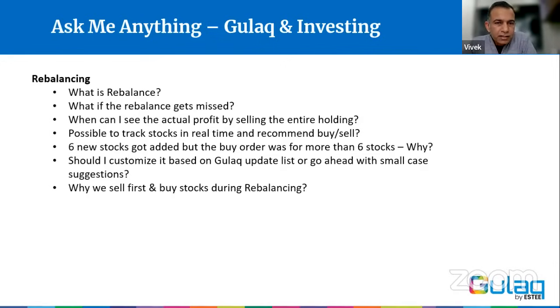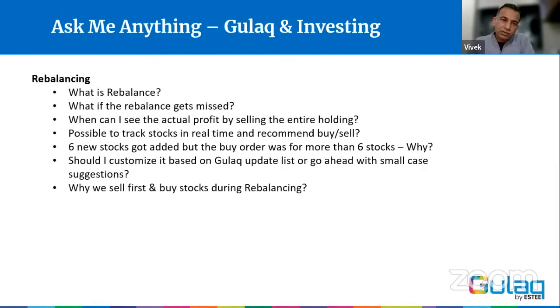6 new stocks got added, but the buy order was for more than 6 stocks. Why? This would happen when, let's say, 6 new stocks are getting added. So you'll obviously have buy orders in those 6, but then there might be a few other stocks which we are carrying on from the last time, but where we have increased the allocation. So let's say last month allocation in one stock was 5%, and this month it's 7%.